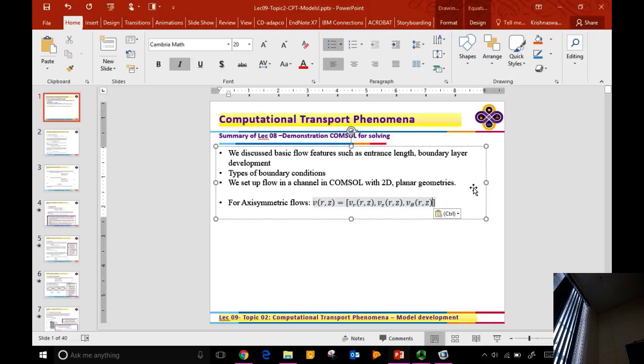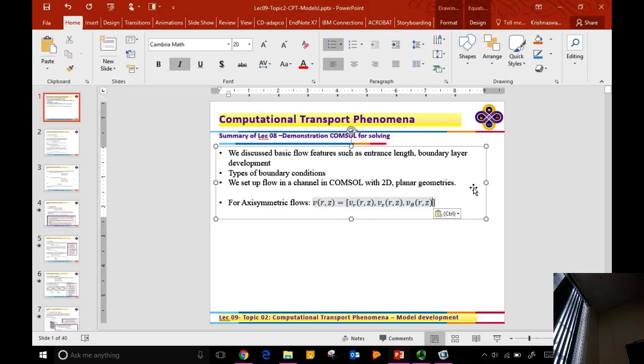For example, if I'm interested in studying flow past a sphere that is placed in a channel, I might actually make this as one of the assignments in the future. So I have a cylinder and I place a sphere. How would I model this in COMSOL?